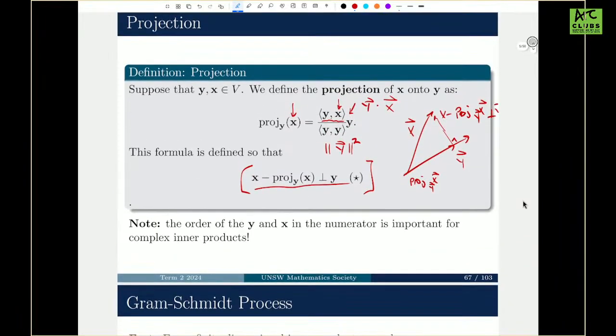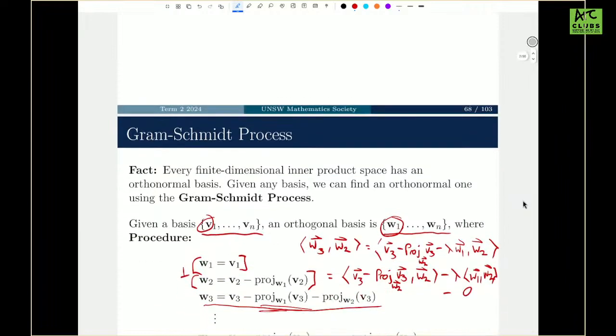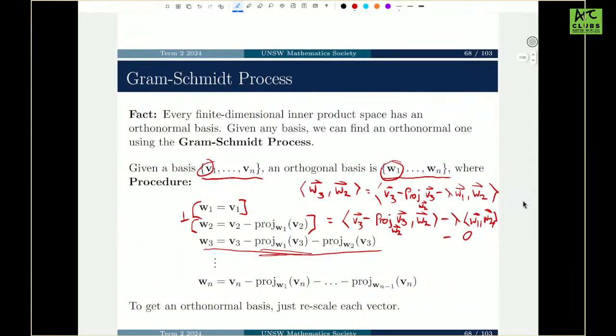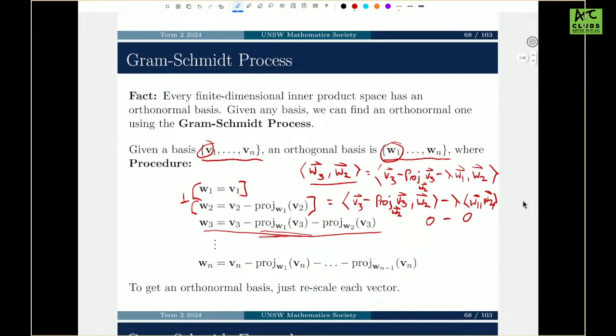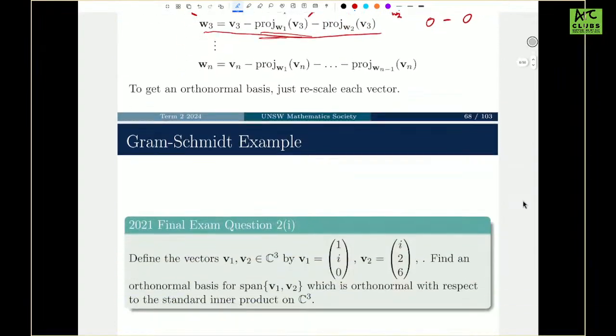They are orthogonal to each other, so that means the inner product is 0. So this is going to be 0 minus 0. So what we've shown is that the inner product of W3 and W2 is 0, therefore they're orthogonal. So we know that this process that we're doing here, we can trust it. It will give us what we're looking for.